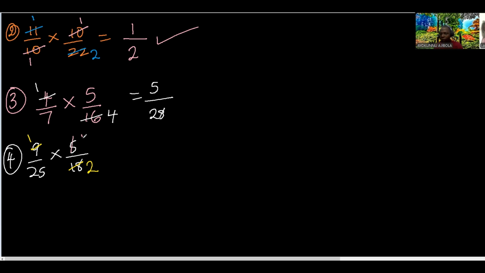So 5 here, 1, 5 here, 5. What numbers remain at the top? 1 and 1. That's 1 times 1, which is what? 1. So what should I write at the bottom? 10. That's clear now, right?